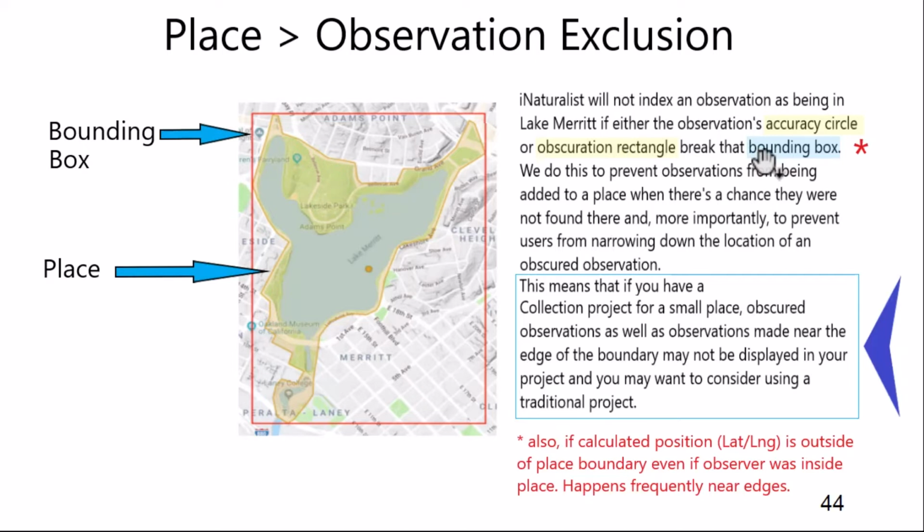Which basically means, since the obscuration rectangle is 18 by 22 kilometers, no obscured observations will show up in 99% of the projects. So you will never see an eastern box turtle in the South Carolina State Parks project, because that obscuration rectangle is so large and the places are so small.